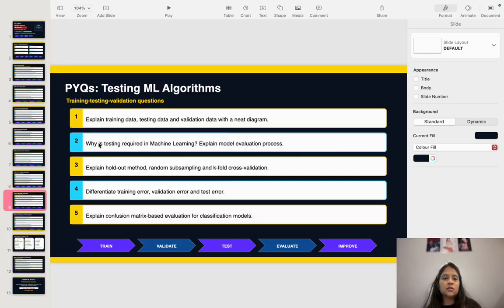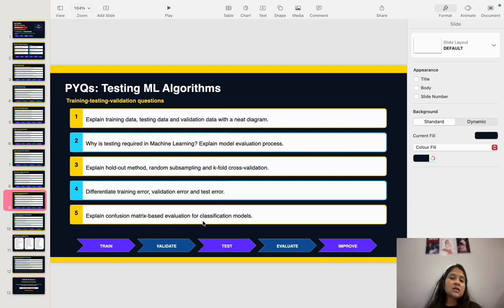So yeah, next is why is testing required in machine learning? Explain model evaluation process, right? Next, differentiate training error, validation error, and test error. And the fifth one is explain confusion matrix based evaluation for classification models.